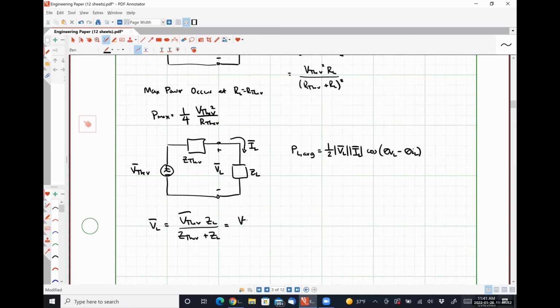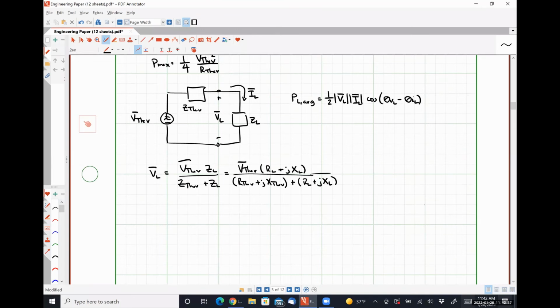So this is going to be V Thevenin times RL plus JXL, all divided by R Thevenin plus JX Thevenin plus RL plus JXL. This is a complex number. I need to get the magnitude of it.